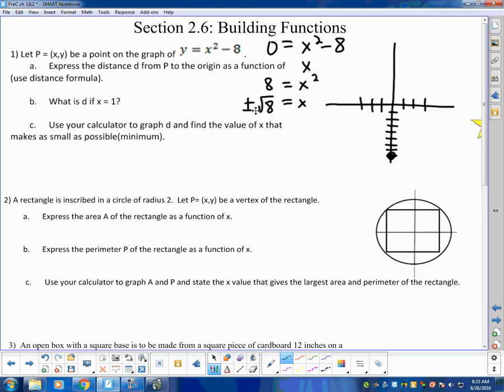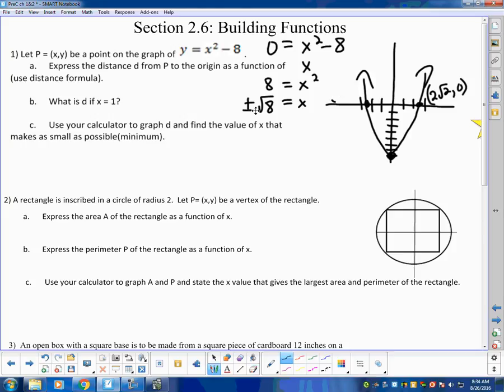So somewhere in between 2 and 3, so right here and right here. So we can be a little more accurate in our drawing of the graph rather than just randomly drawing those branches through the x-axis. We know the zeros to be plus or minus root 8, or (2 root 2, 0) and (negative 2 root 2, 0).